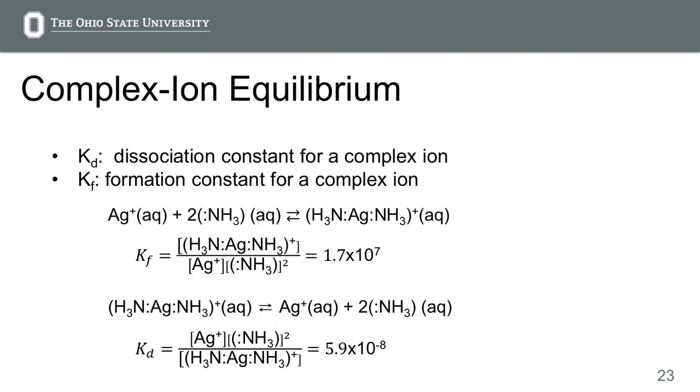So that's the second reaction, where we form ions. And then the formation of a complex ion is given a K sub F value. Okay? The relationship between K sub F and K sub D, because we're just reversing the reaction, is the same as we saw in chapter 15. And so K sub F is equal to 1 over K sub D. Okay?